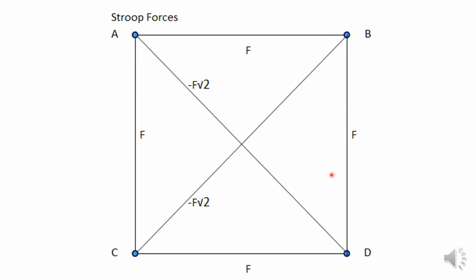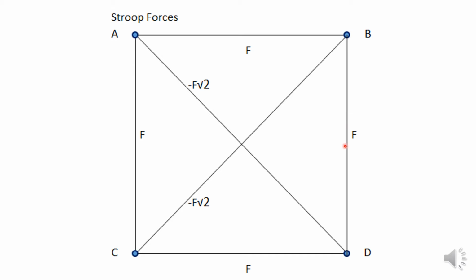We have F on the perimeter and minus F times square root of 2 on the diagonals. Now I have not drawn arrows here to indicate the direction of the forces. This is because the F can either be positive or negative.